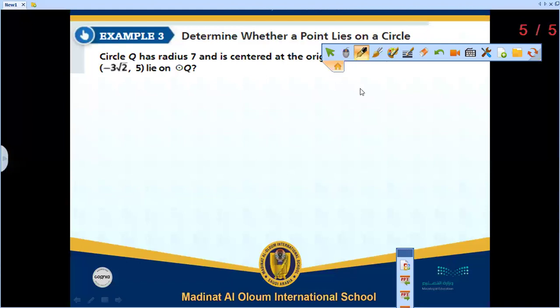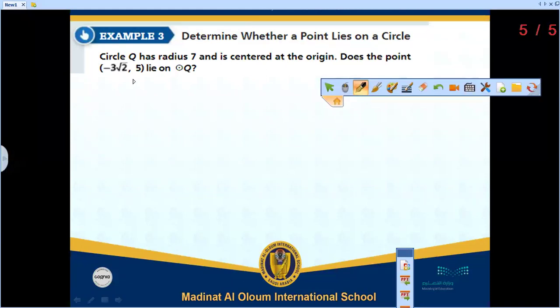To know whether this point lies outside circle, inside circle, or on circle, I must make the equation. First, make the equation of the circle. Here, what is the center? Center 0, 0. And what is the radius? Radius is 7. Now I can make the equation.